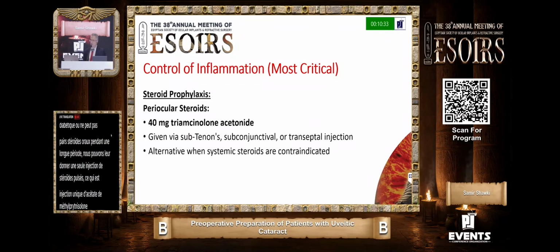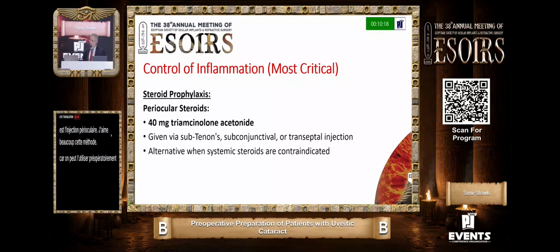Again, another option for delivering high dose of steroids into the eye is the periocular injection. I like this method very much because we can use it pre-operative, intraoperative, and post-operative, and you provide a high dose of steroid into the site of the inflammation, so you can use it before the surgery.